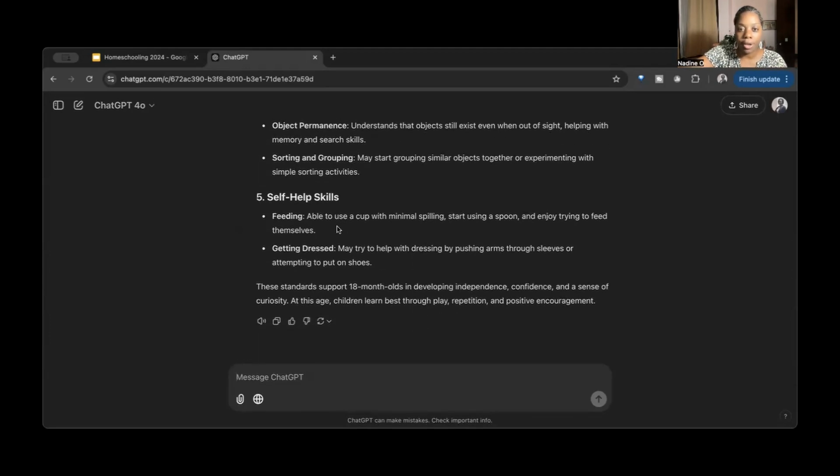What else? And then self-help skills: able to use a cup with minimal spilling. So if you have an 18-month-old, maybe you are now giving them a tiny cup. When my daughter was probably one, it wasn't 18 months. By 18 months, she was done with cups and only wanted a sippy cup. She's been drinking from a sippy cup for quite some time.